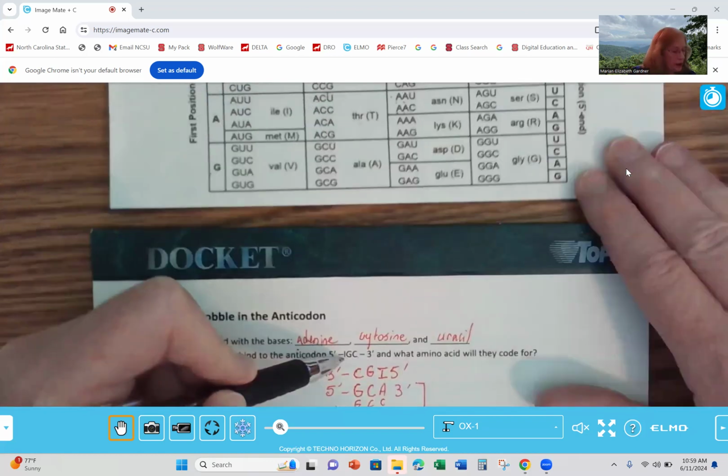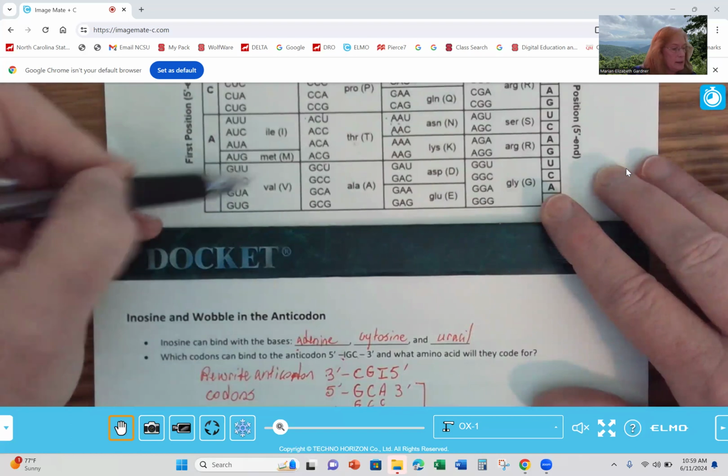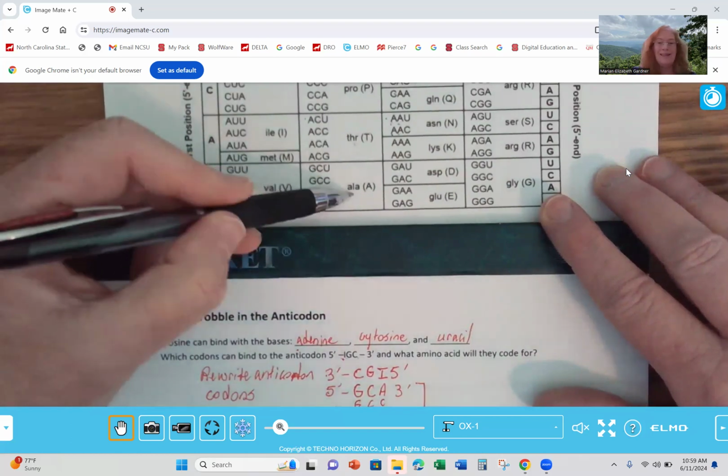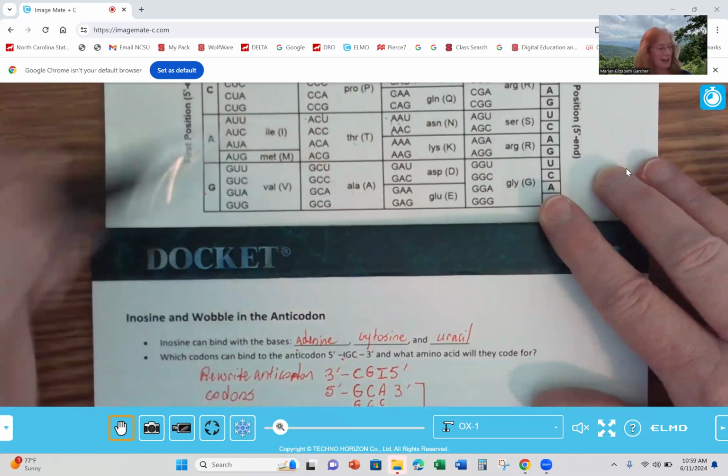Well, let's take a look at our coding dictionary. Let's see, G, C, U, C, and A. Look at that. They all code for alanine.